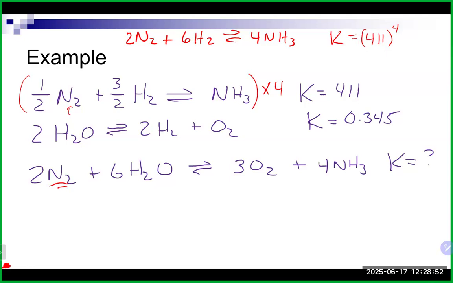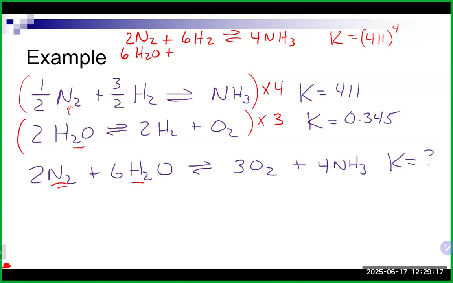If I look at my next thing that I need, which is water, it is on the left-hand side, which it is here as well. But again, here I need 6 waters. I only have 2. That is going to require me to multiply the second one by 3. Again, doing that up here on top gets me 6 waters, which is what I need.